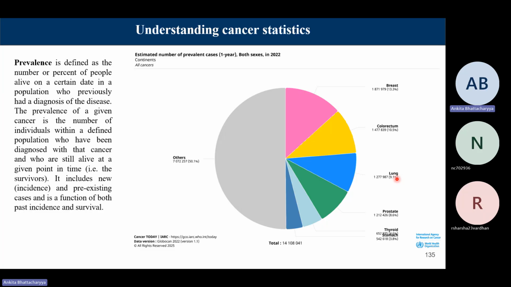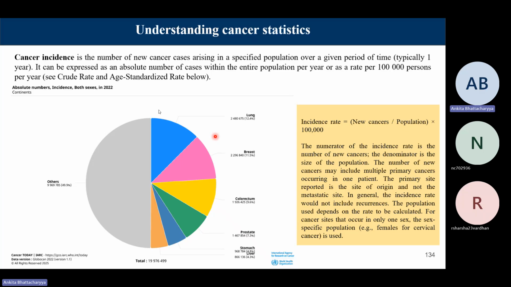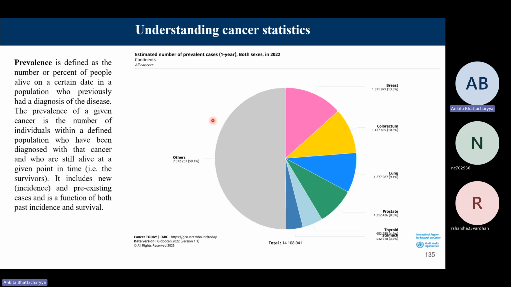So when you take prevalence into factor, you can see at the top, you can find breast cancer to be the most prevalent disease. Again, go back to the previous slide and you will see that lung cancer had the highest incidence, followed by breast, colorectal, prostate, stomach, and liver cancer. However, here you can see that breast and colorectal overtake lung cancer. Prostate is pretty much around the same place.